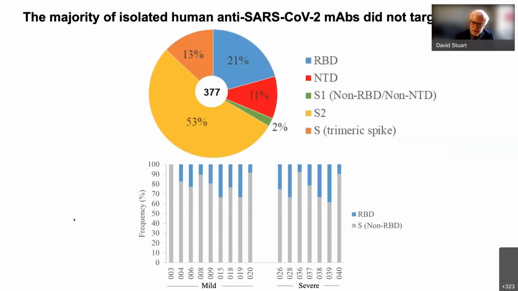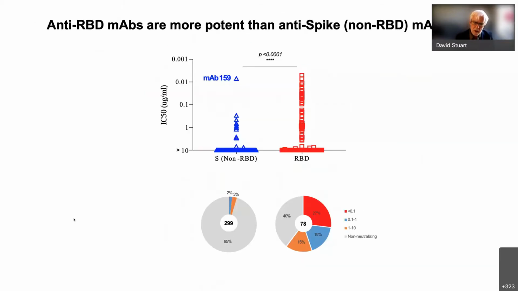The majority of these antibodies really had nothing to do with binding the receptor binding domain. They were spread across the molecule. Only about a fifth bound the receptor binding domain. However, when Gavin's group looked at the potency of these antibodies, the non-receptor binding domain antibodies were generally very weak neutralizers, with a single exception, antibody 159.